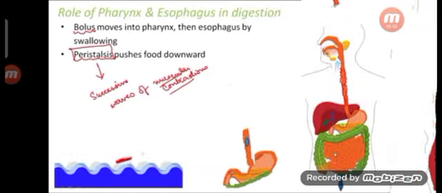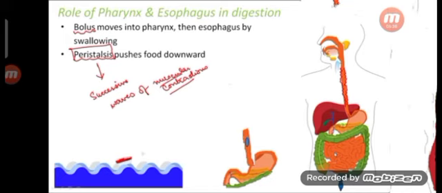Here is the role of the pharynx and esophagus in digestion. The bolus moves into the pharynx, then the esophagus, by swallowing. What do you mean by bolus? The food which we have taken in, partially digested and chewed by our mouth, is called the bolus.